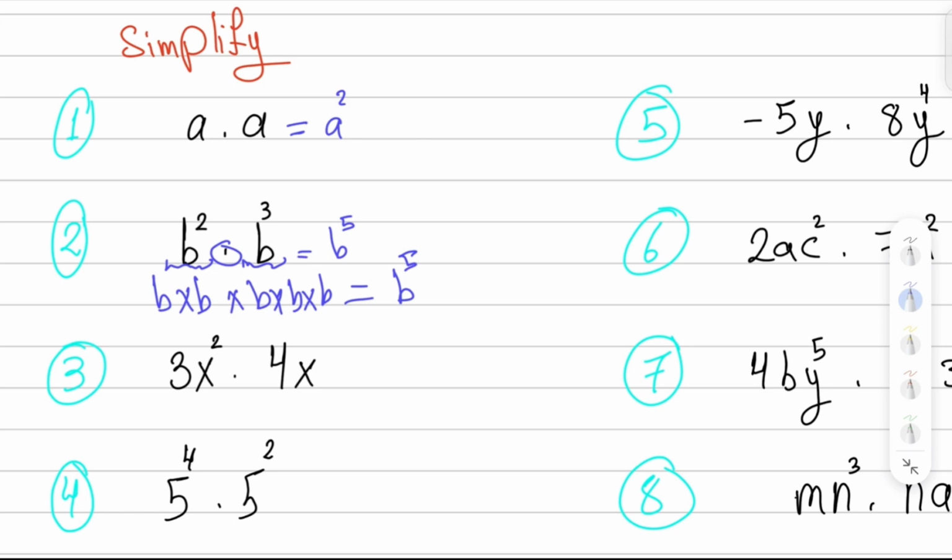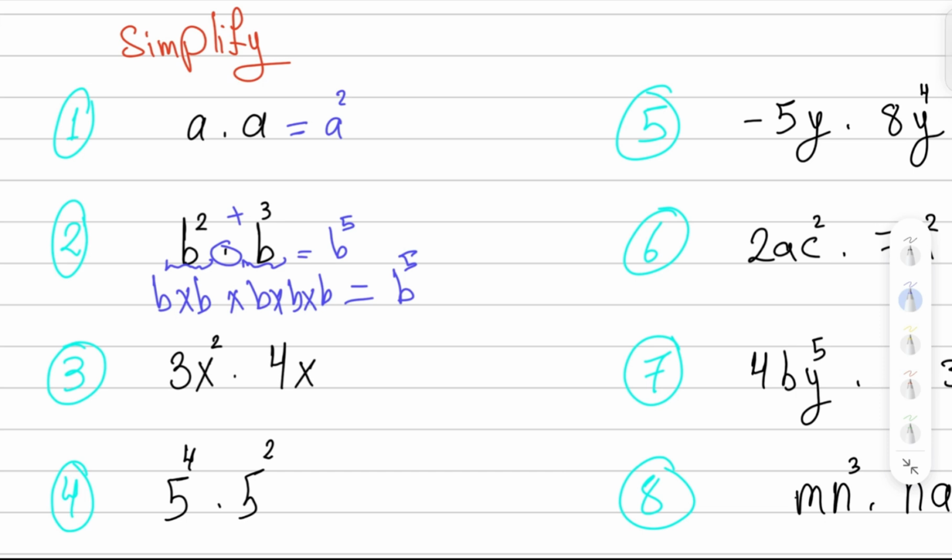Let's try to find a rule for what we are doing here. As you can see, guys, the b here is the base and the 2 is the exponent. So if the bases are similar and we have multiplication, we can easily add the exponents.